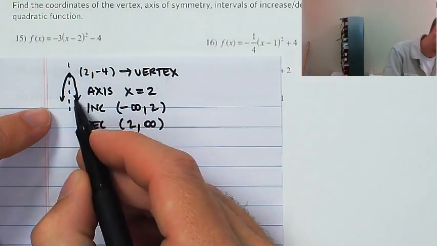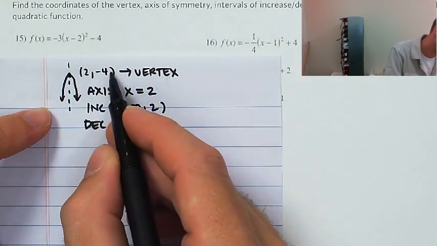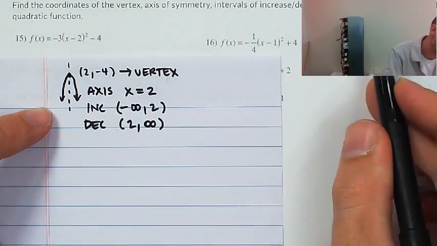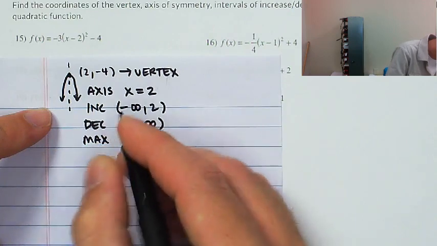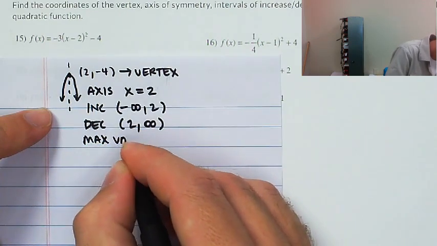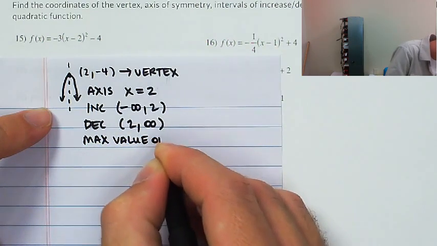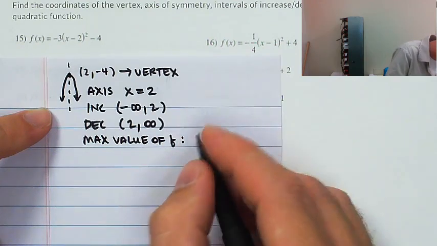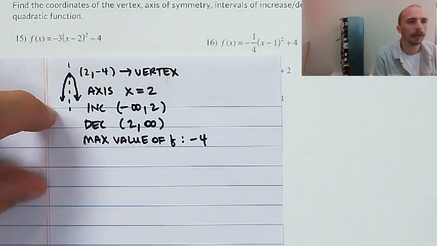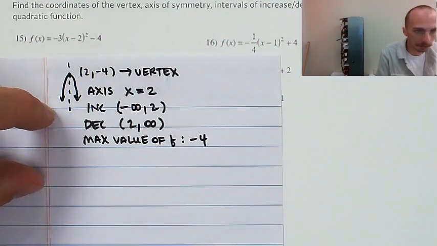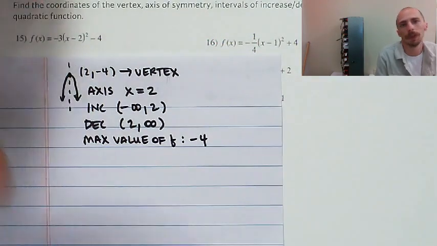So the maximum of this thing is happening at x equals 2 and y equals negative 4. It asks for the maximum value of the function, so I'm going to say the maximum value of f is negative 4. And that's all they're asking for, right? Vertex, axis, increase, decrease, min. And there is no min.